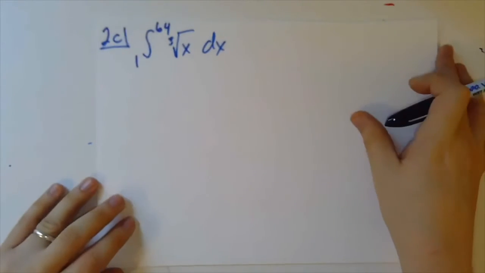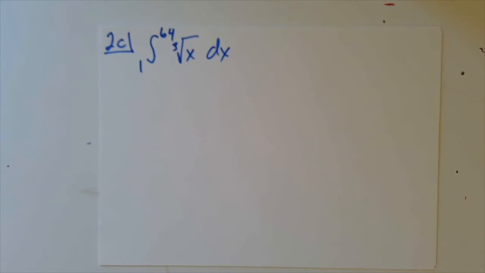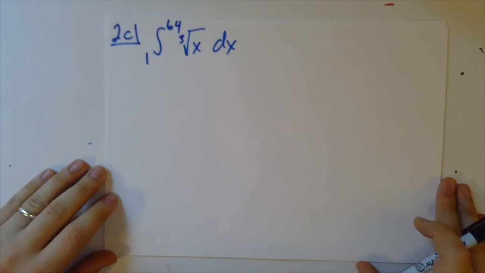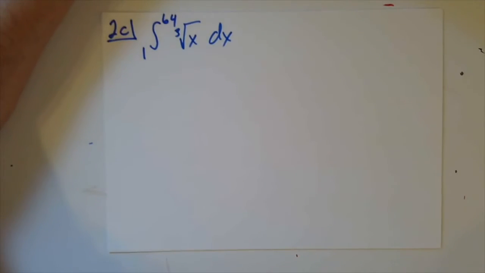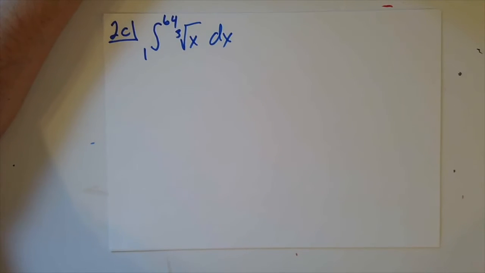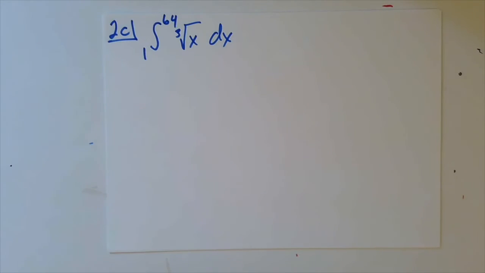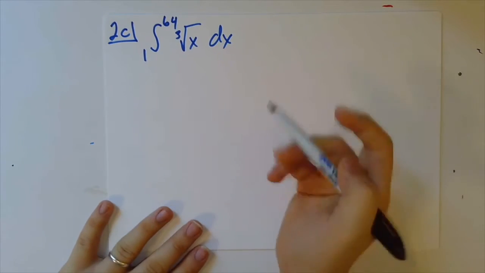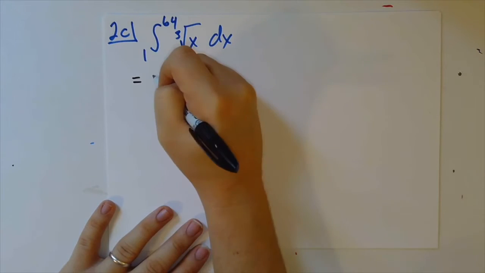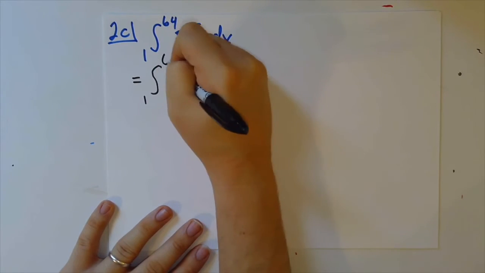Okay, next up we have question 2C. I'm just going to package these two together as one video because they're both short and similar. So here I have to remember what's going on with a cube root. Namely, the cube root is the same as the 1/3 power.